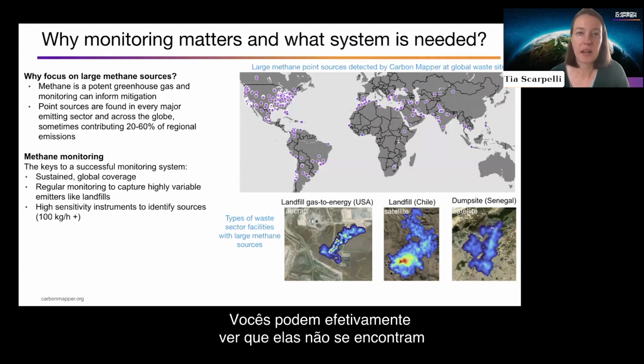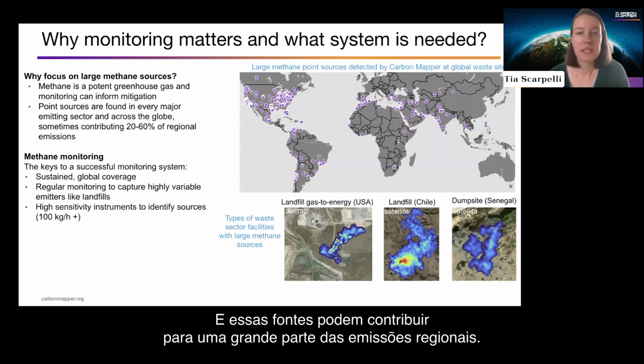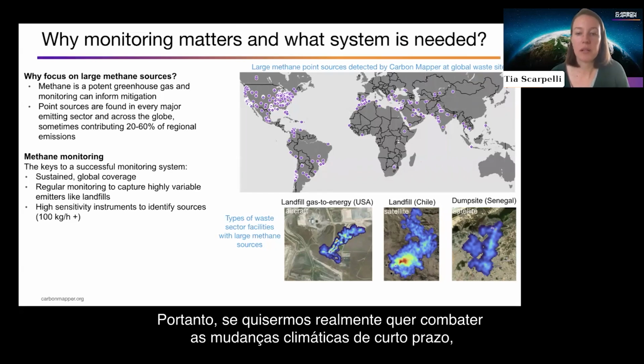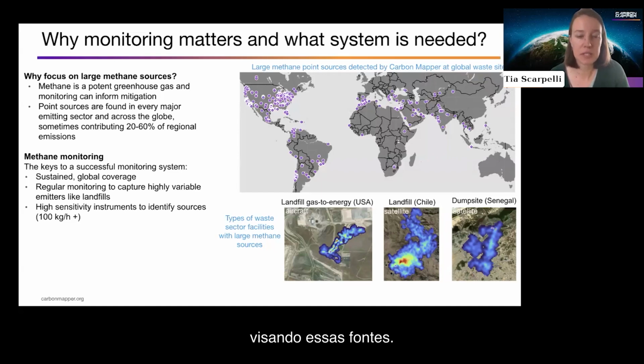So you can really see that it's not just one region of the world that they're found in, but really across the globe. And these can contribute a large fraction of regional emissions. And so if you really want to combat short-term climate change and have an impact on methane emission reductions, these can be a real tool for mitigation and targeting these sources.